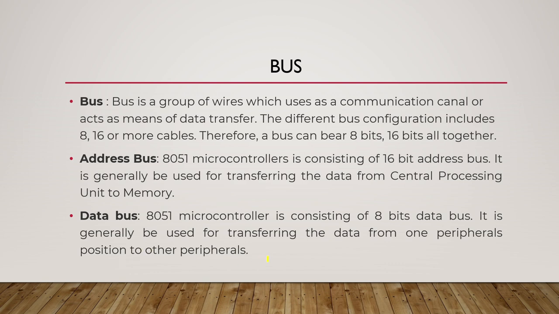The data bus will communicate with other components also. It will take the data from the CPU and transmit it to, for example, the communication protocol or bus, and also to interrupts, to ROM memory, or to input output ports.